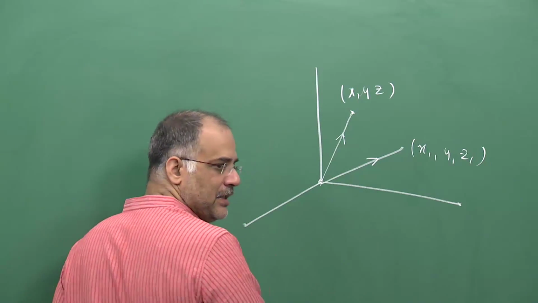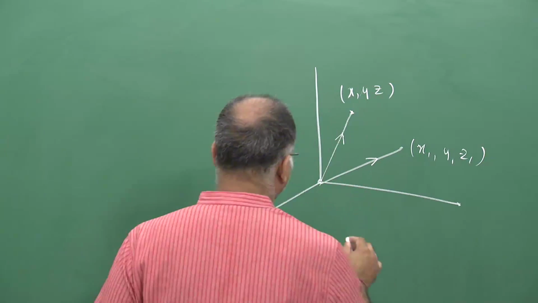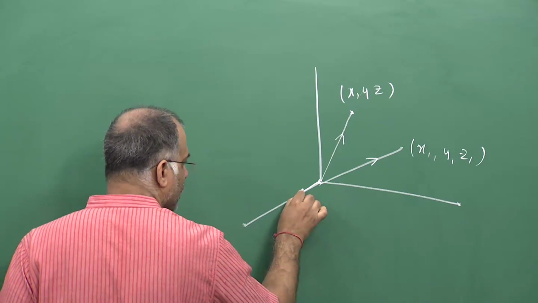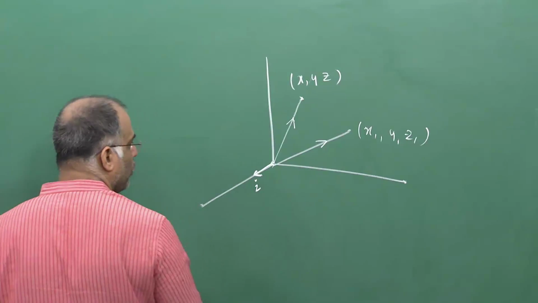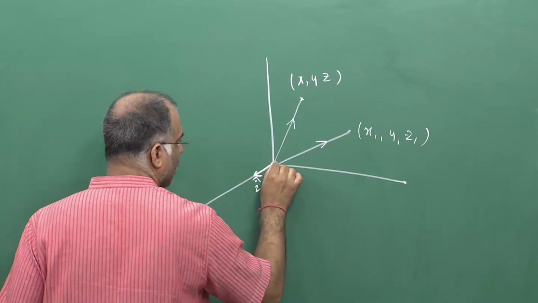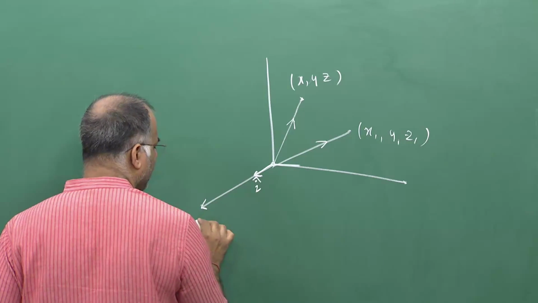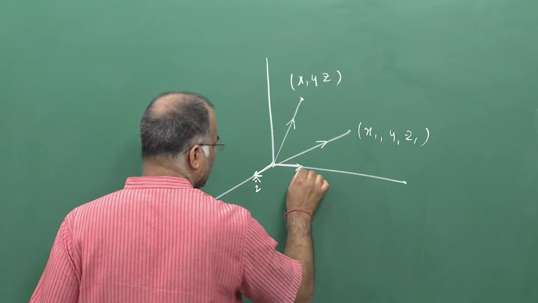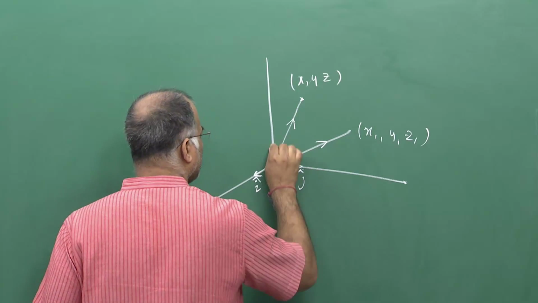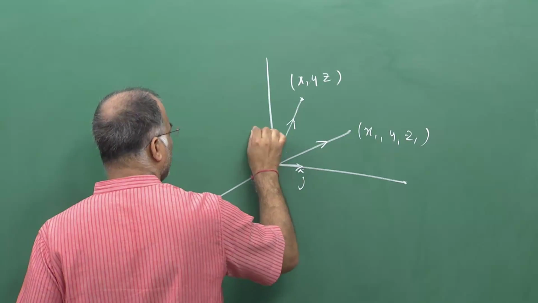Here, along the x axis, y axis and z axis, we consider 3 vectors of length 1, at distance 1 from the origin. Along the x axis I consider the i vector, along the y axis the j vector, along the z axis the k vector.